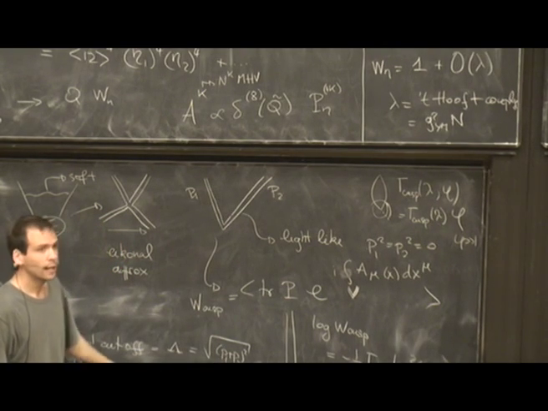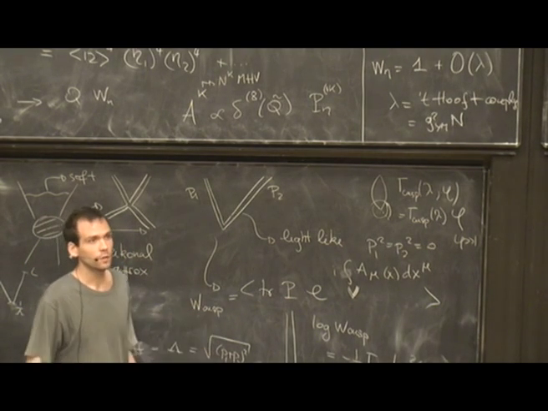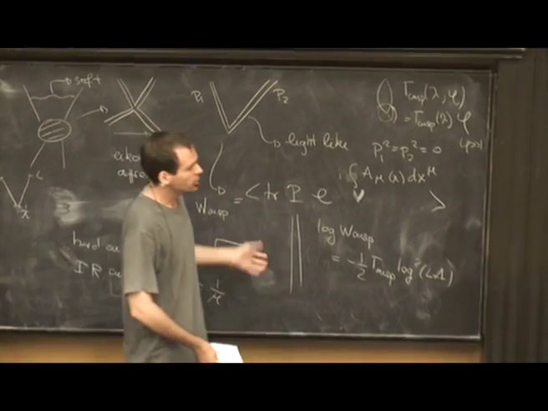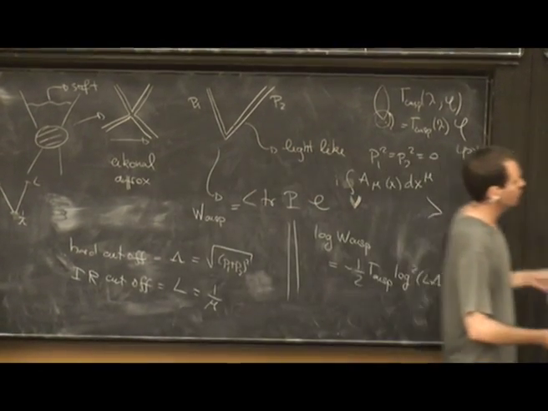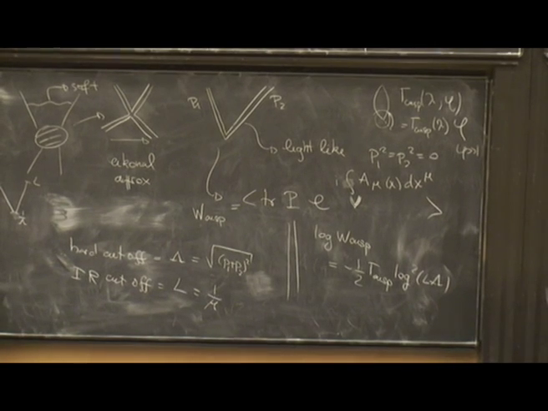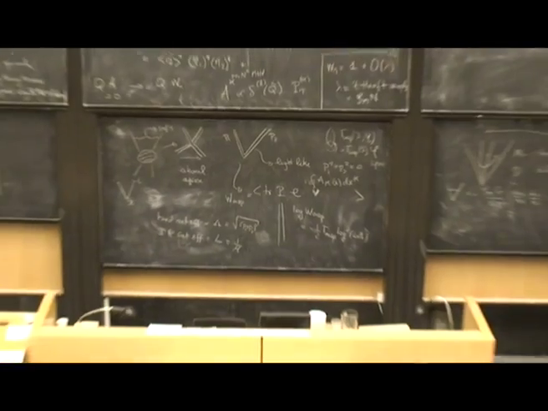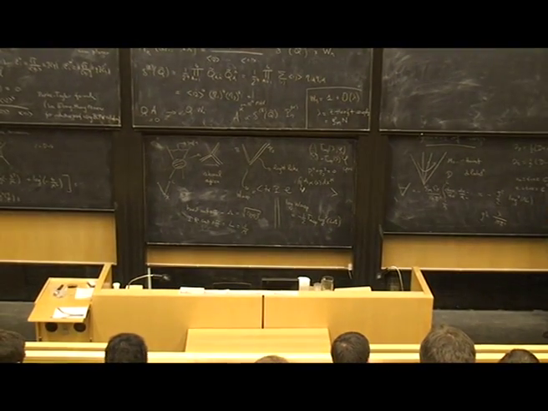And there is an infrared cutoff, which is whatever other scale I have in my problem, which is this mu, for instance. So this is very sketchy, this is not a rigorous derivation of anything, it's just trying to explain why we are getting double log.